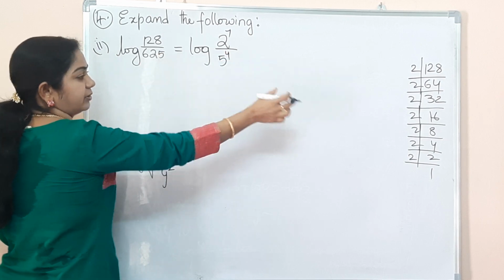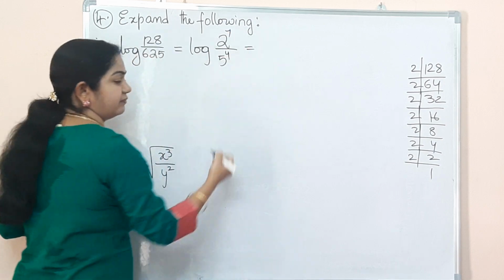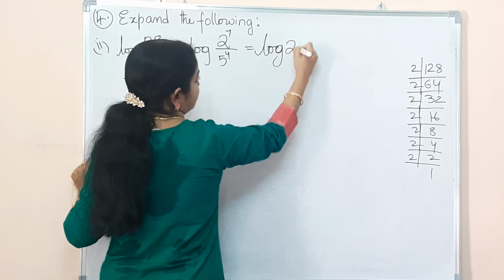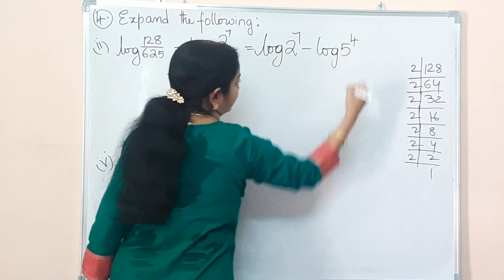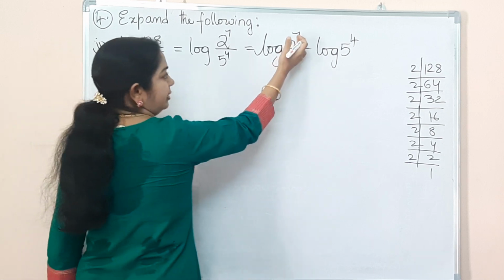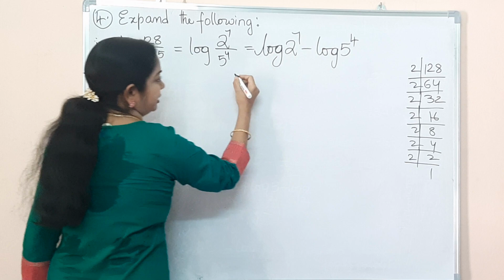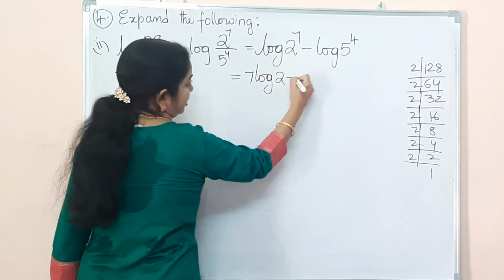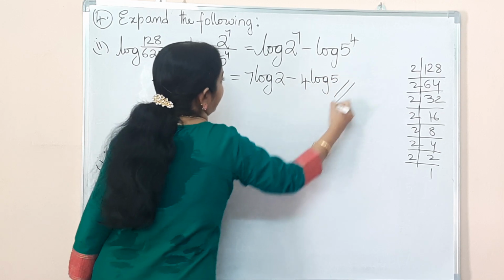Just find out the factors and write them down. Now this is a division, so it will be separated into a difference: log 2 to the power of 7 minus log 5 to the power of 4. Now we'll apply the power rule so that the terms in power form come to the front: 7 log 2 minus 4 log 5. So this is the answer.